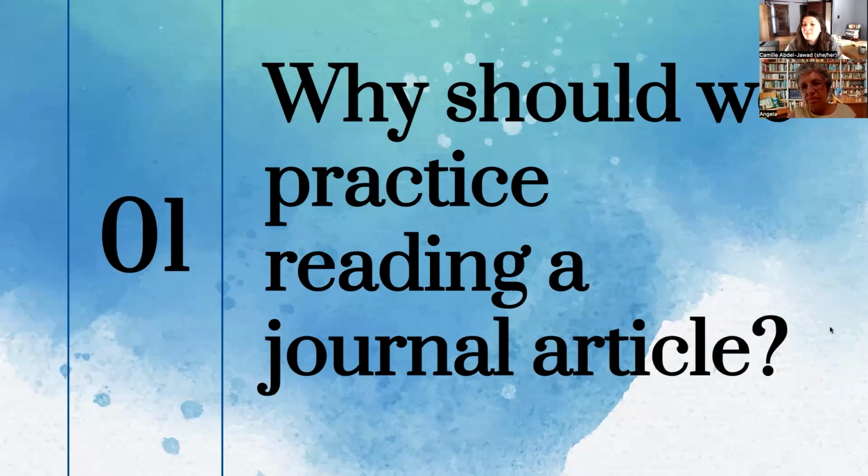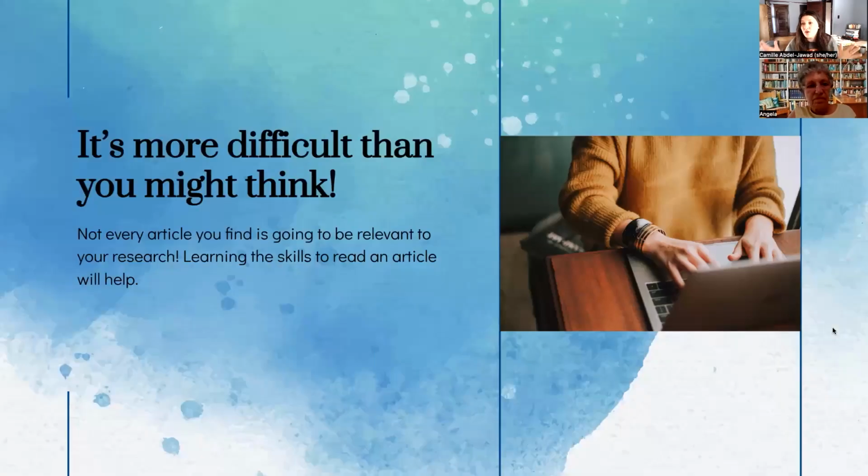A lot of times students can get confused or overwhelmed because it's a lot more difficult than we anticipate when we first start. We think this is a really important skill to develop, because if you can nail reading a journal article, this will set you up for great success throughout your entire college career. And today we're going to be talking about how to read a scientific article.